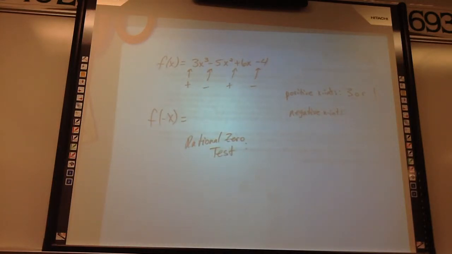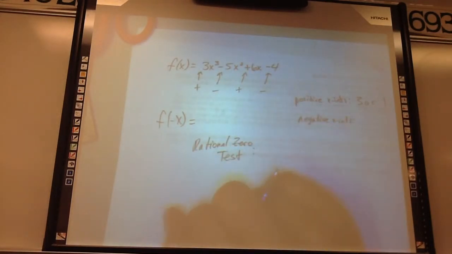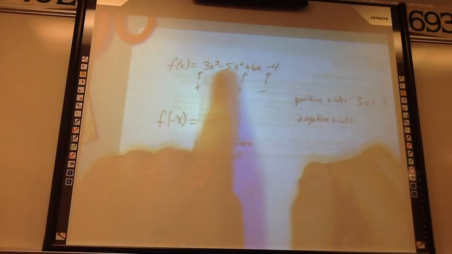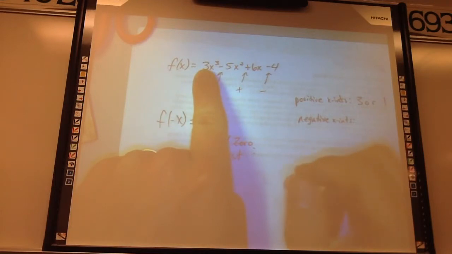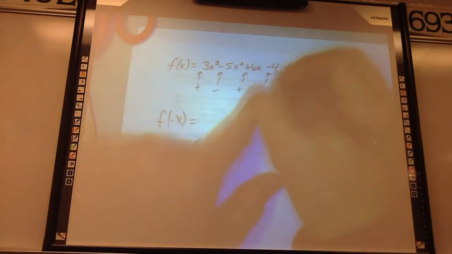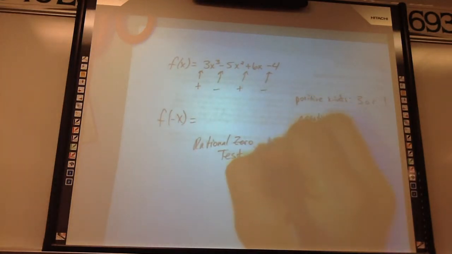To find the rational zeros, the ones that are fractions, this will help you find the x-intercepts that are fractions. You take the factors of the back number and divide that by the factors of the front coefficient. So the factors of the constant divided by the factors of the coefficient of the leading term. Lots of big math words in there. Basically, what are the factors of 4? Plus or minus 1, plus or minus 2, and plus or minus 4, those are all factors of 4, aren't they?